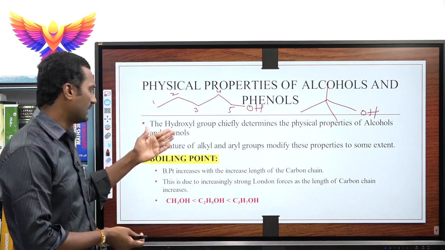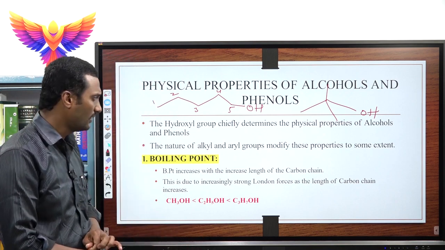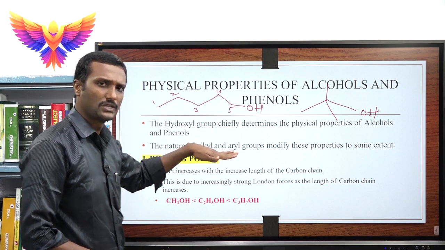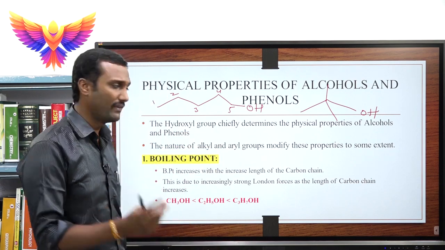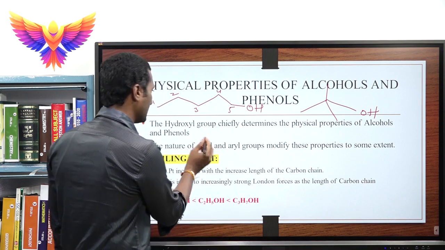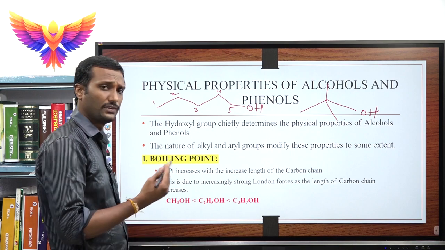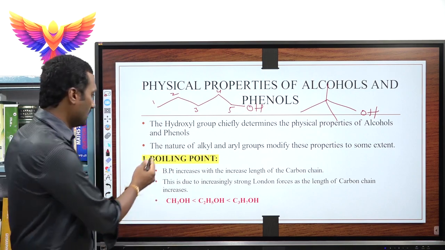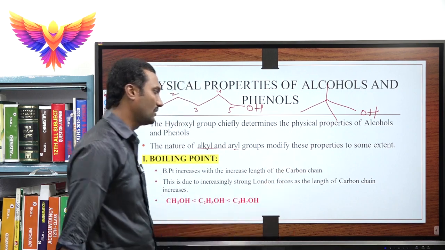Let us see here, the hydroxyl group chiefly determines the physical properties of alcohol and phenol. Not only alcohol and phenol, students, but any functional group. The physical properties will vary because of the variations in the alkyl group, the CH3 group or the benzene group. The nature of the alkyl and aryl group modifies this property to some extent.